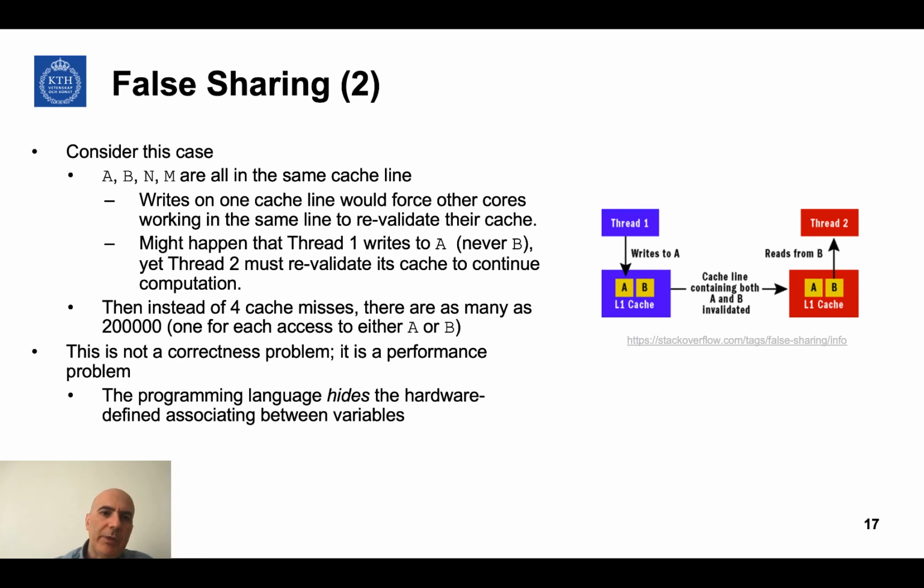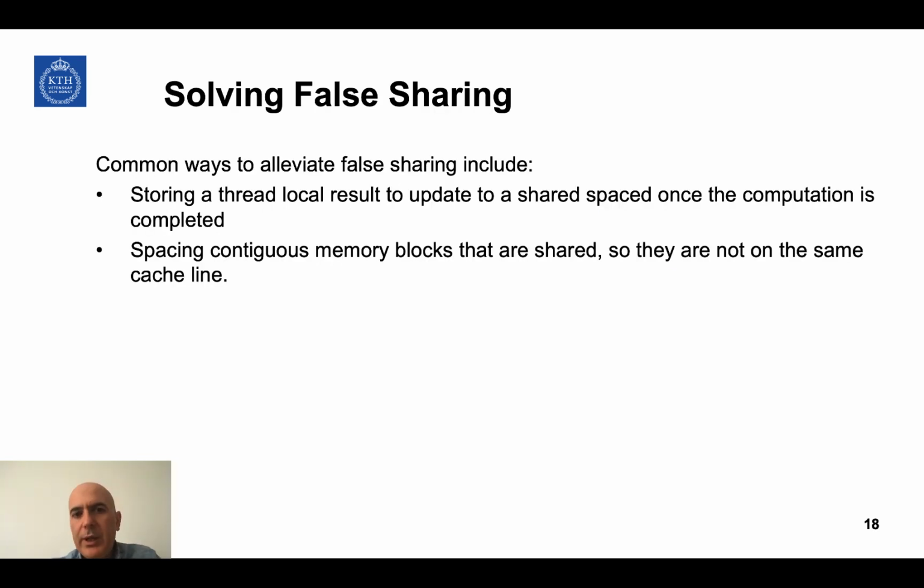So how can we fix this? Common ways to alleviate false sharing include storing thread-local results and updating a shared space once the computation is completed. Instead of using a shared array, for instance these MaxLoc and MaxVal arrays where the maximum index is equal to the number of threads, we can store a value within the thread.